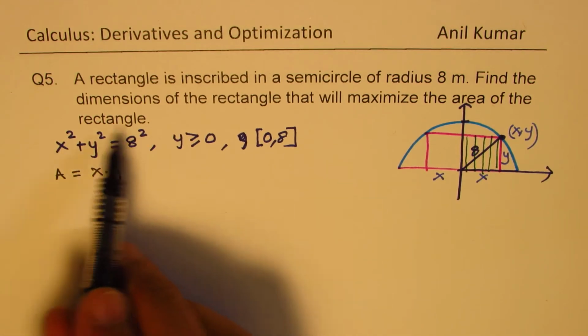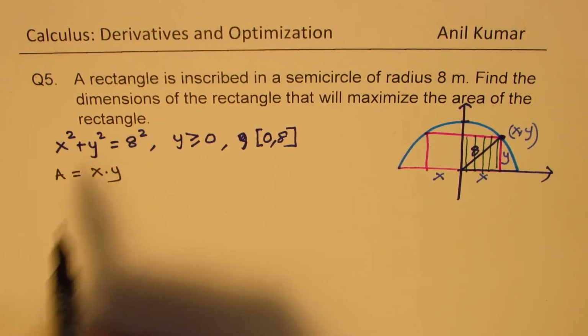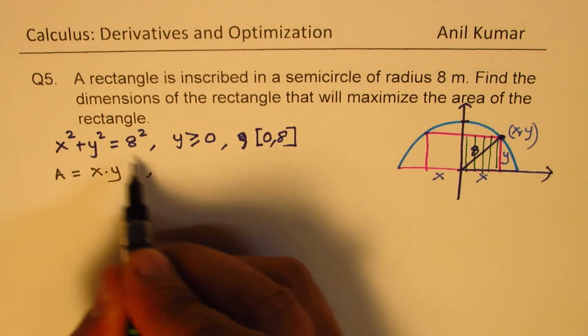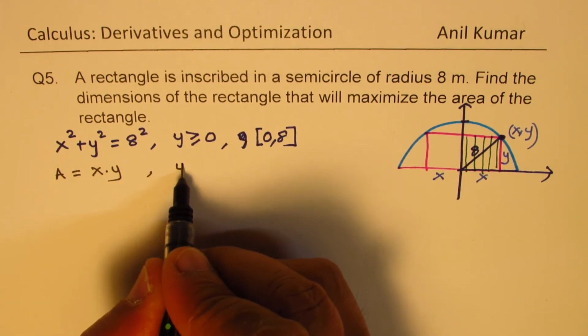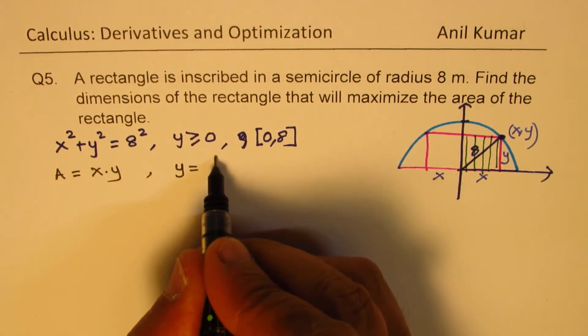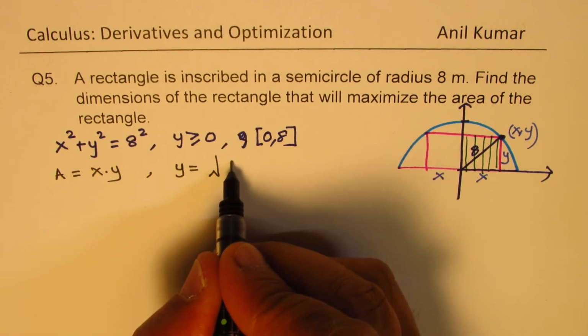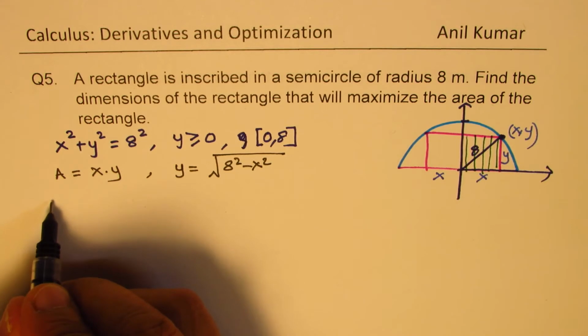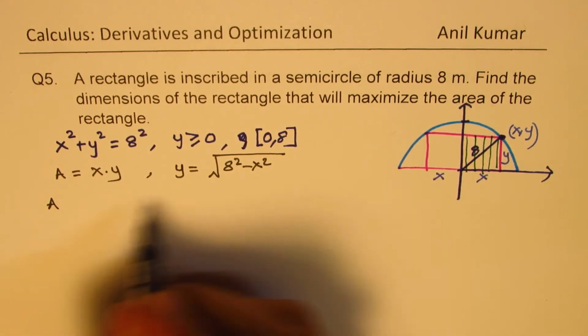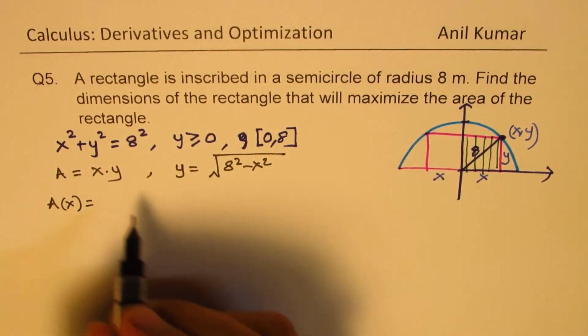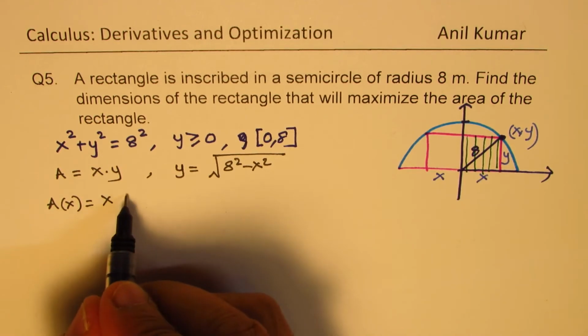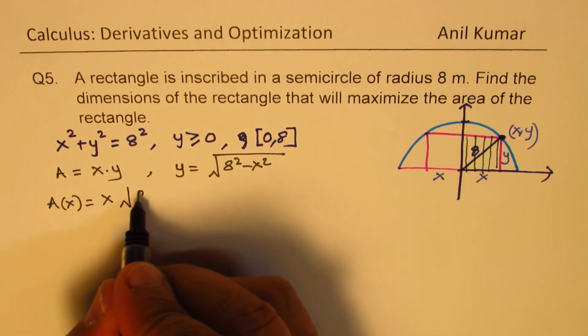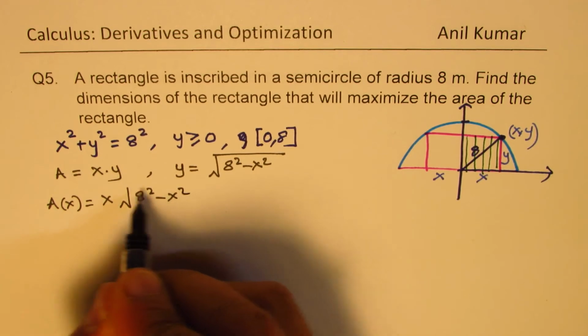Now we could rearrange and write one in terms of the other. So we could write y as equal to the square root of 8 squared minus x squared. So area as a function of x can be written as x times the square root of 8 squared minus x squared.